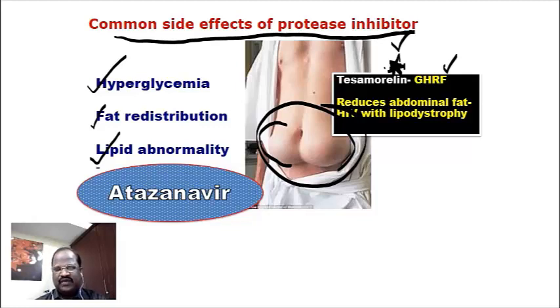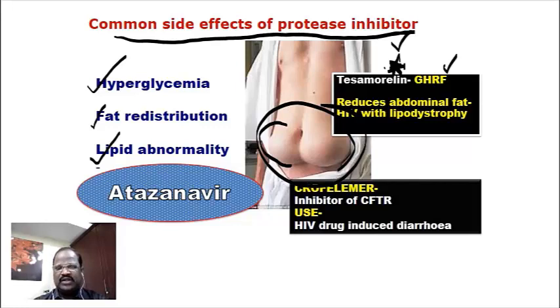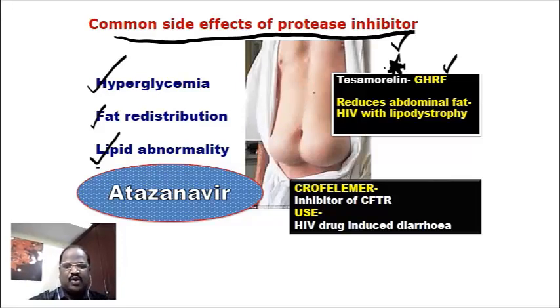Another new information I want to share with you, most of the HIV drugs may cause diarrhea. To control the HIV drug induced diarrhea, we have a newer drug called crofelemer. Very important, crofelemer is a CFTR inhibitor.